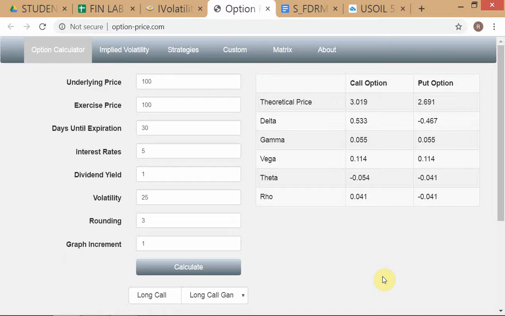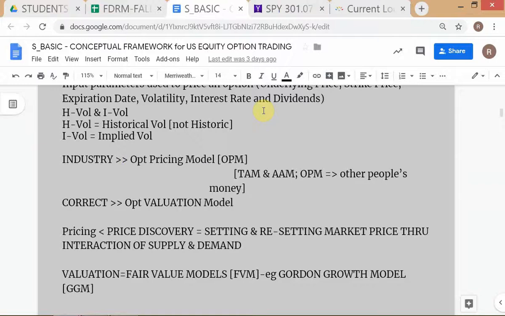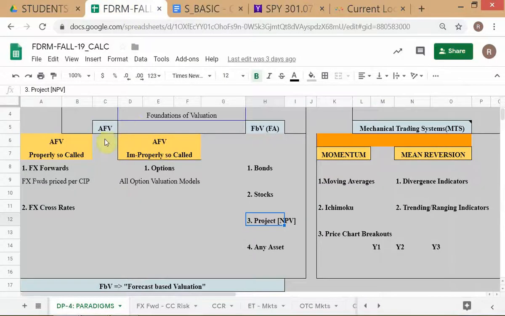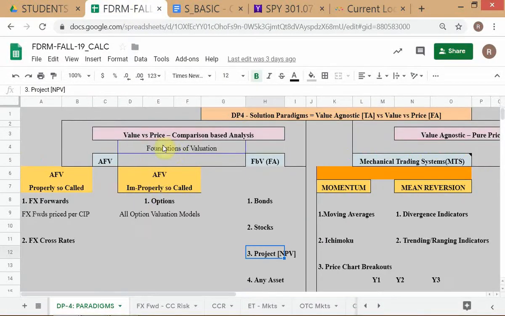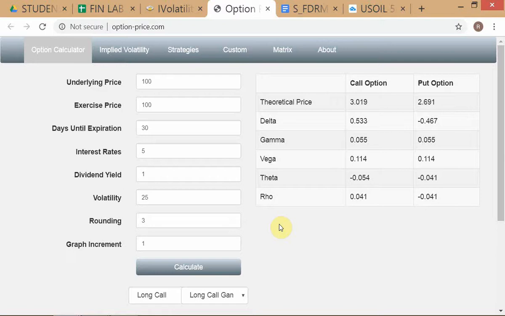Whenever you're doing a value versus price comparison based analysis, you're working with a fair value model. It either might be a forecast-based fair value model or it might be an AFV model, and an AFV itself has two categories. So the option falls over here. It's a fair value model, it's a valuation model, not a pricing model. Pricing is something that is done by the market.